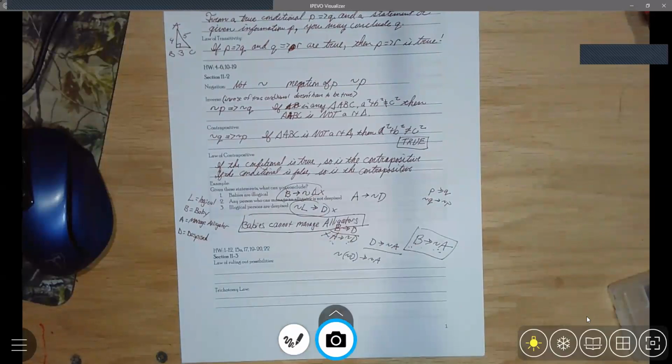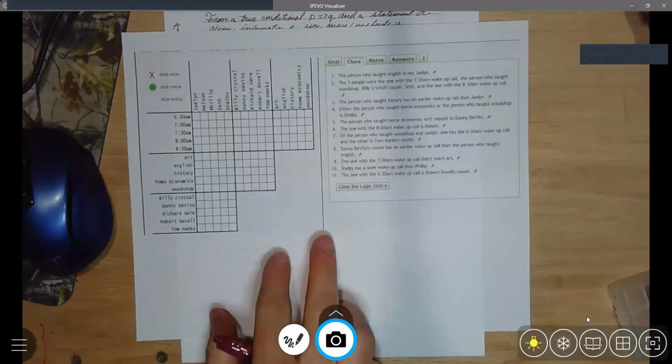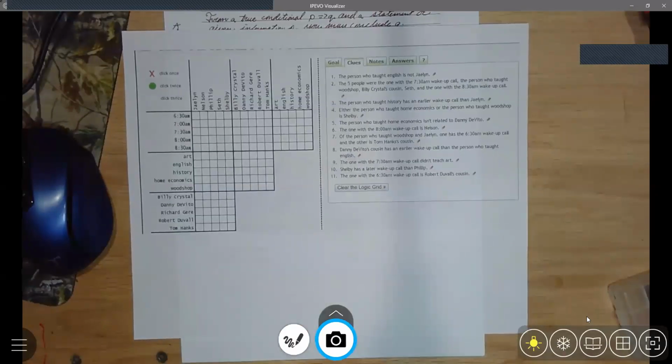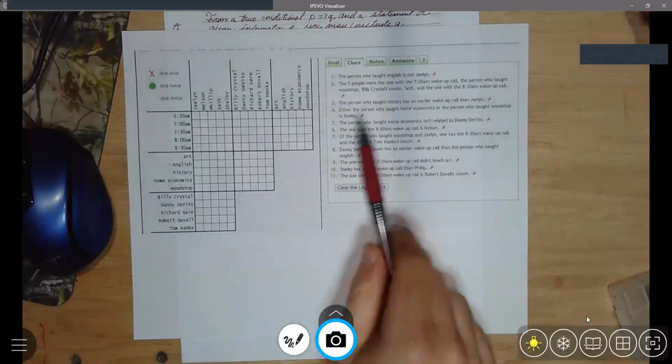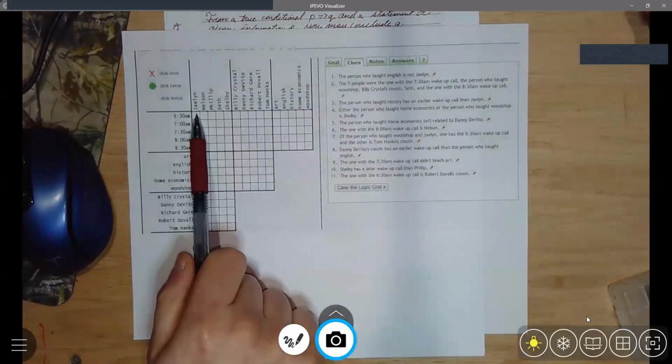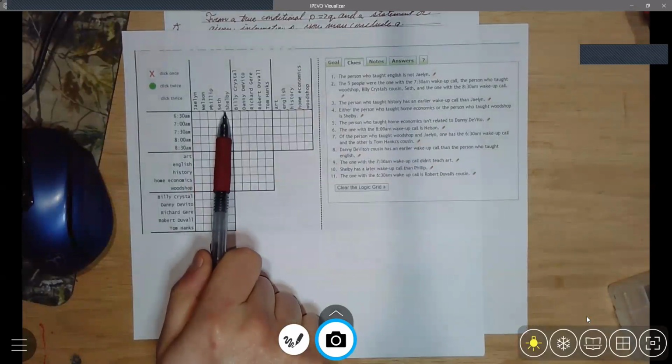Now I'm going to show you a different kind of logic puzzle. It's based on the same ideas, just in a completely different way. This is also on Moodle. I'm going to go through some of the clues, give you an idea how these things work, and then you can see if you can solve it. So what we've got here is the scenario. You've got five people: Jalen, Nelson, Philip, Seth, and Shelby.